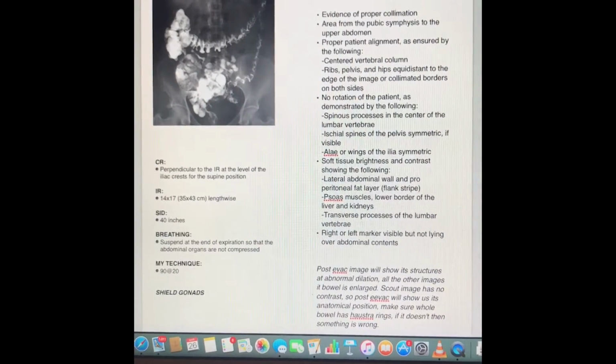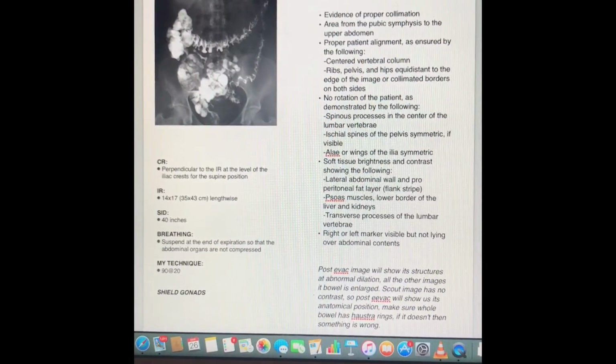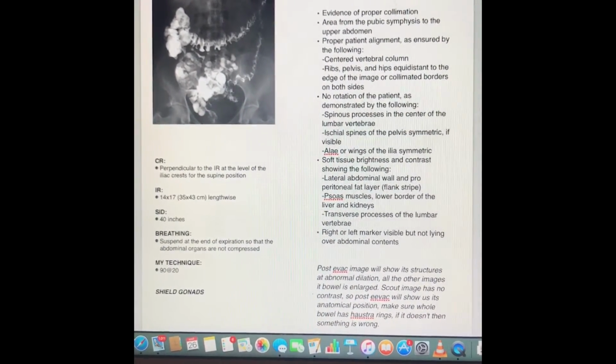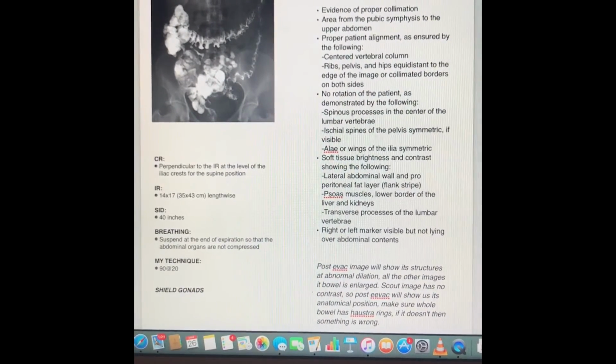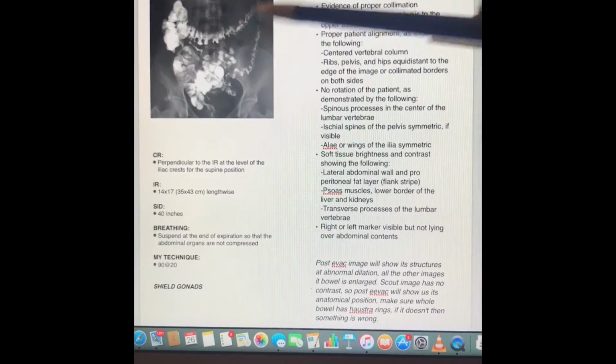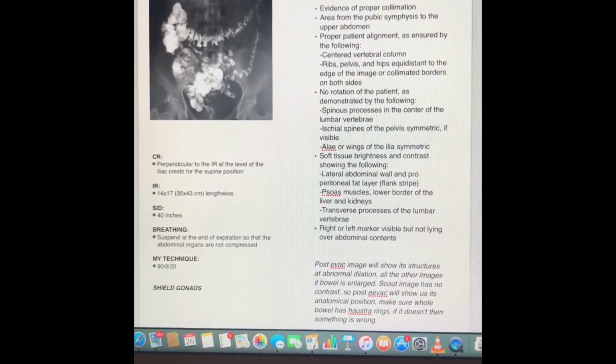And since we did not see so much detail of the large colon on the scout image, it's good to take this image because we see the large colon is detailed here.